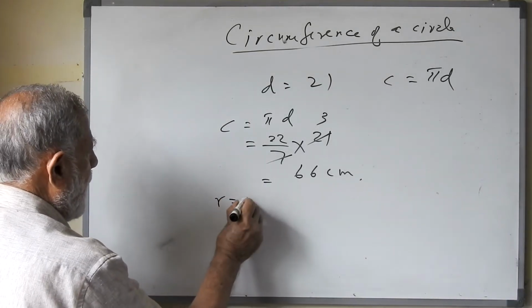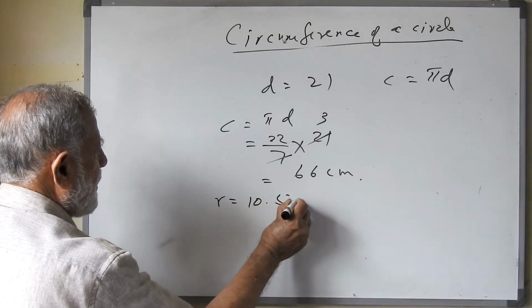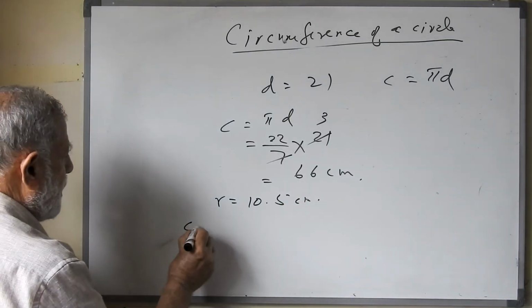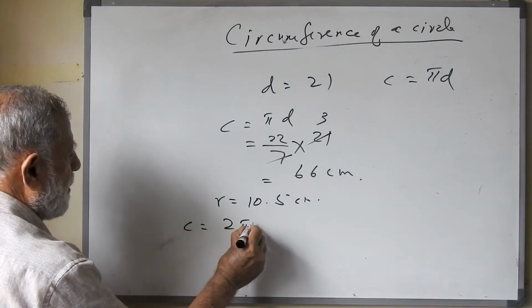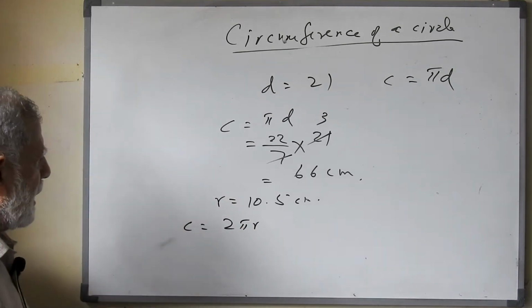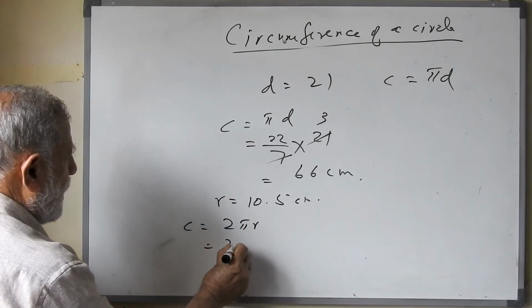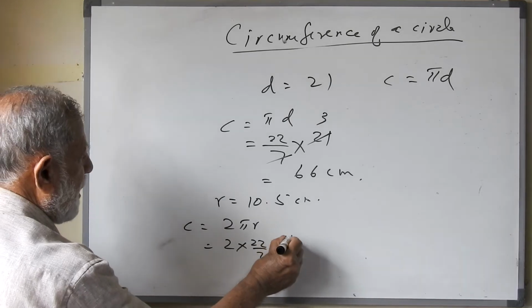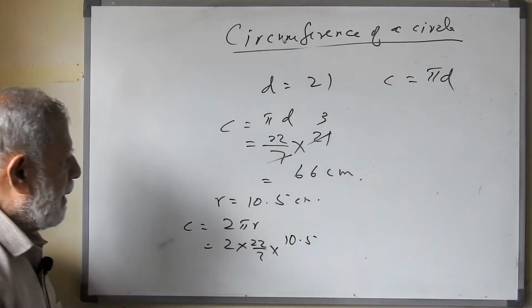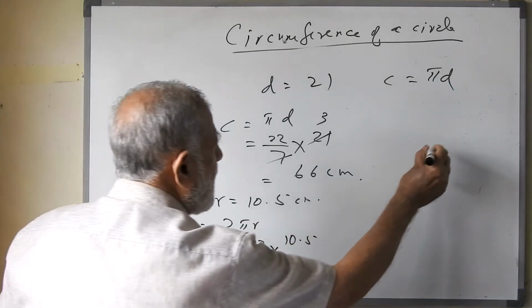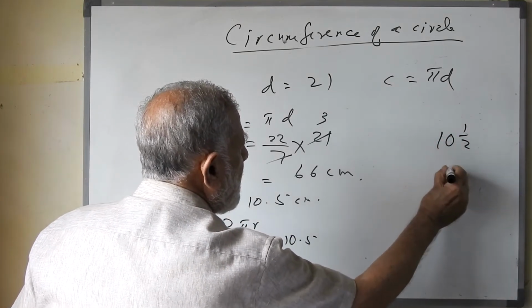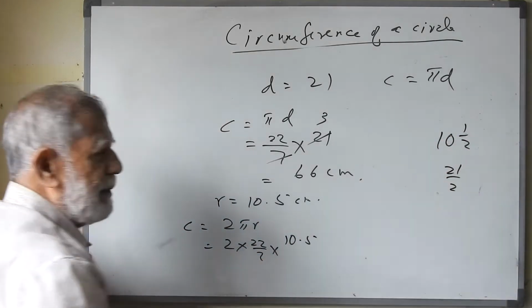r is equal to 10.5 centimeters. We have to find C. So C is equal to 2 pi r. That will be equal to 2 into 22 over 7 into 10.5. Now, when you have 10.5, we know that 10.5 is equal to 10 and a half. Always make it an improper fraction, 21 upon 2. Then it's easy to cancel.